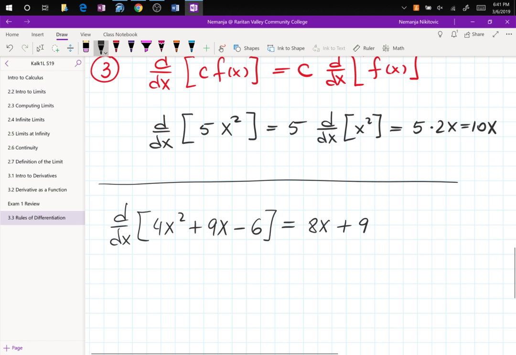How do you check this work? How do you check this? Use the computer. You go to Wolfram Alpha and say differentiate, and it does it for you.